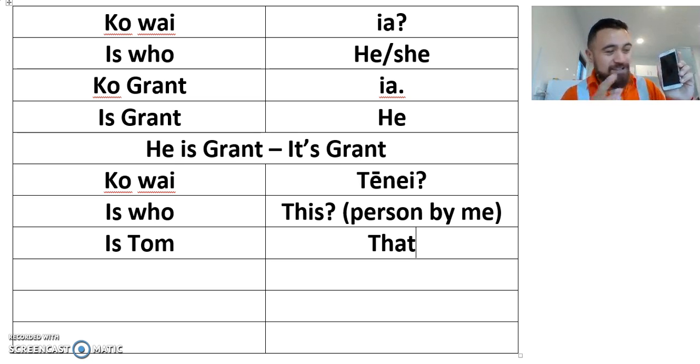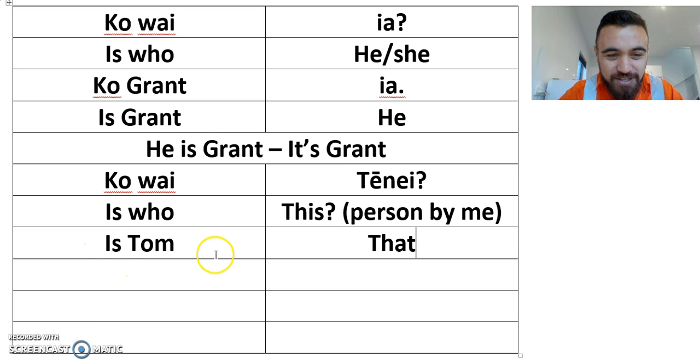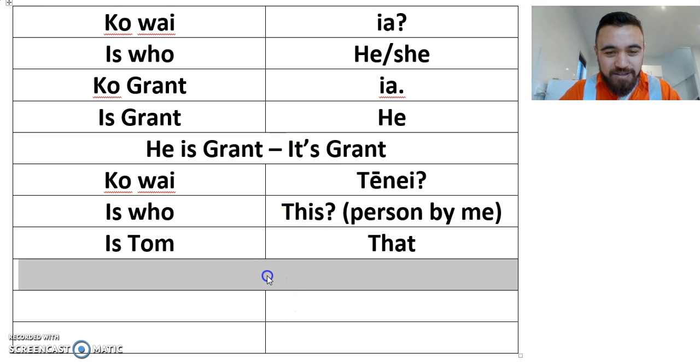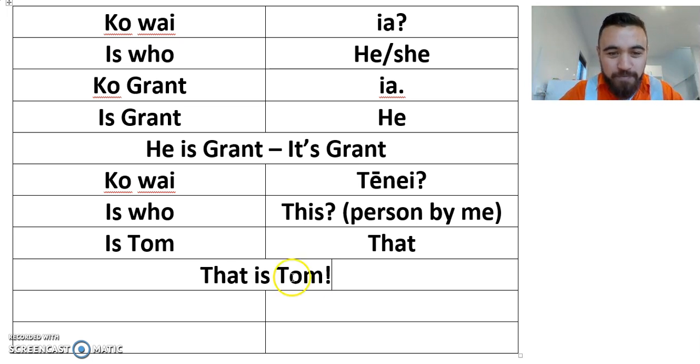This is Tom. So it would be KO WAI tēnei, ko Tom tēnei. But if someone was saying it back to me, if I asked someone KO WAI tēnei, they would say, oh, ko Tom tēnā. So you've got to go back and watch those videos on the difference between tēnei, tēnā, and tērā. So is Tom that? And we know that actually means that is Tom. Pretty simple.